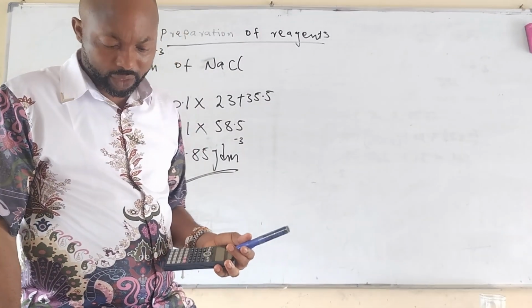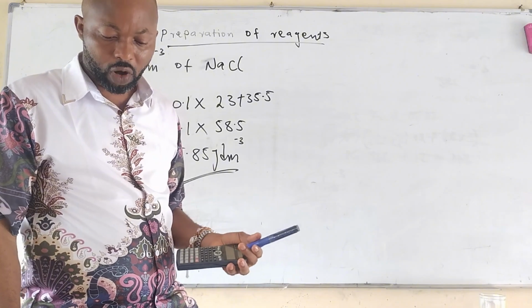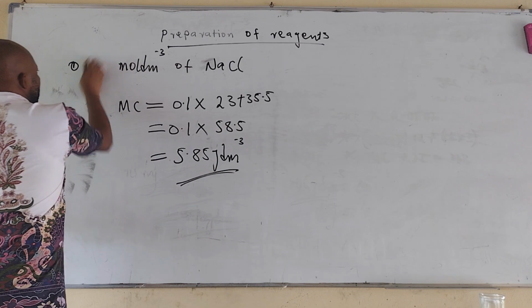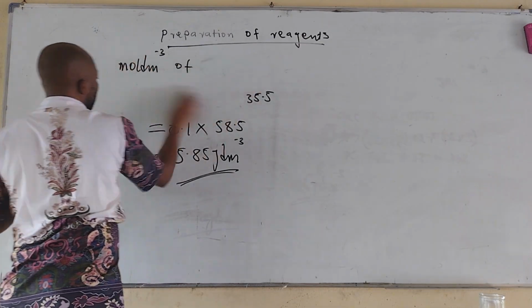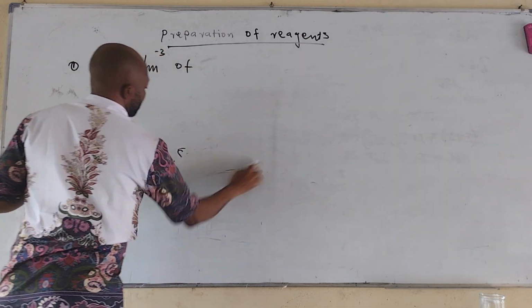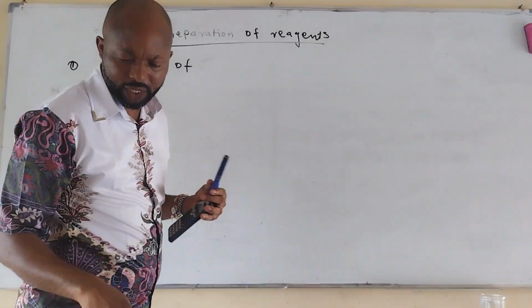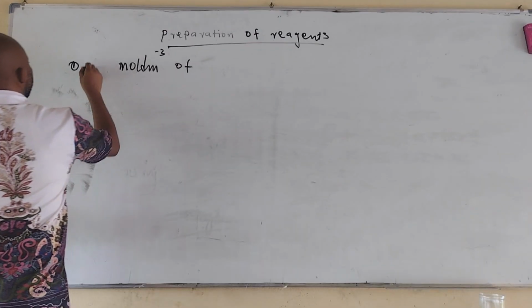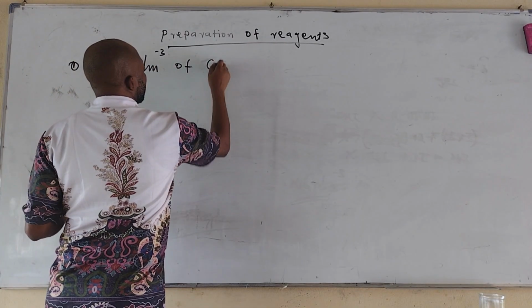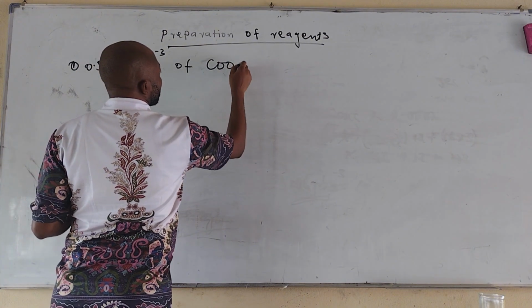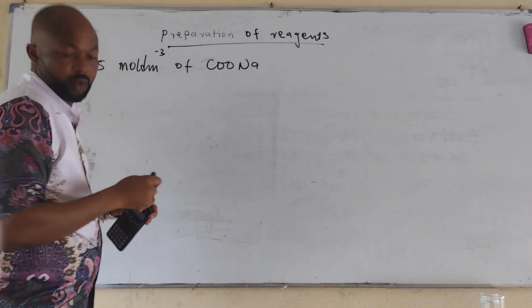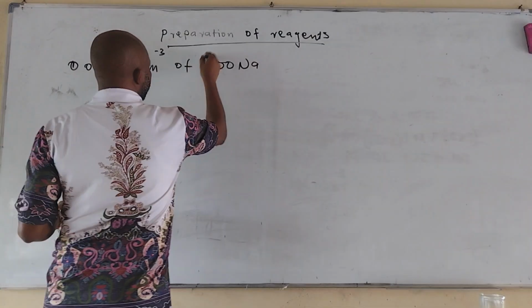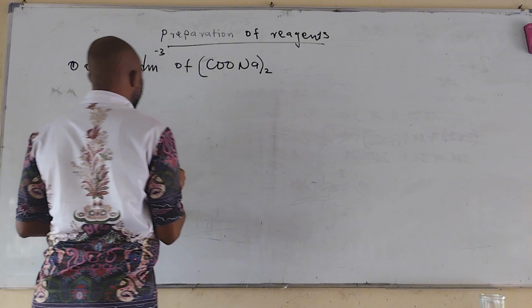Alright, let's calculate 0.5 mole per dm³ of sodium oxalate. In a bracket, put 2 outside.